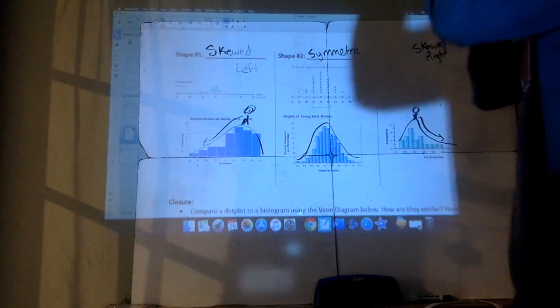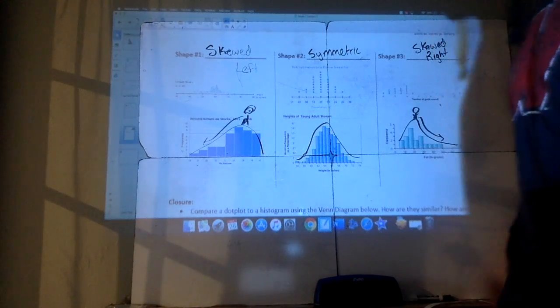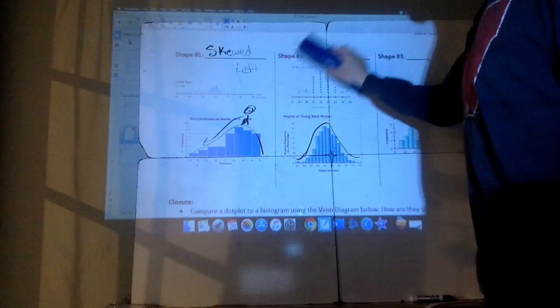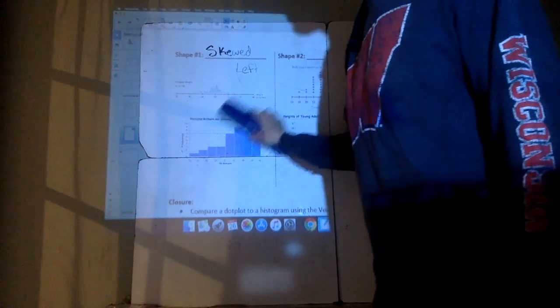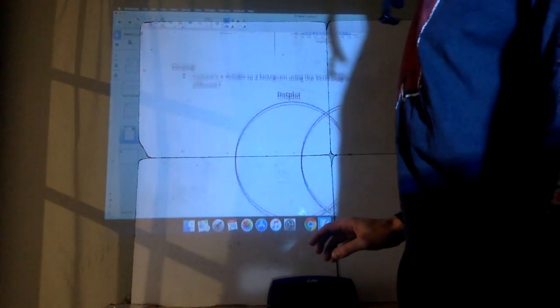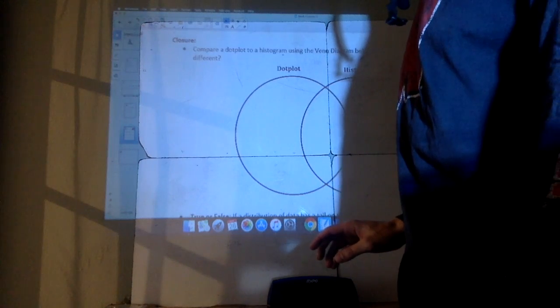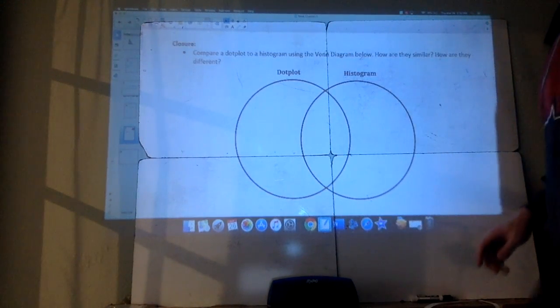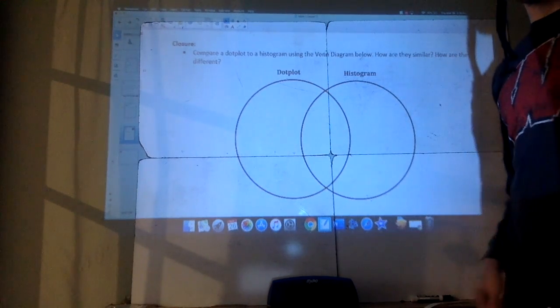All right. And to close out today's class, what I'm going to have you do for closure is create a dot plot and histogram Venn diagram.